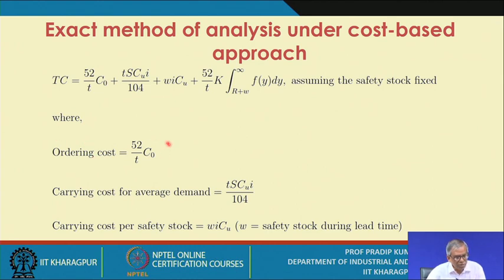So what are these notations? The ordering cost is the first term. The second term represents the carrying cost for the average demand. The third term is the carrying cost of the safety stock. W is the safety stock during lead time, I is the inventory carrying cost, and the per unit price is CU.